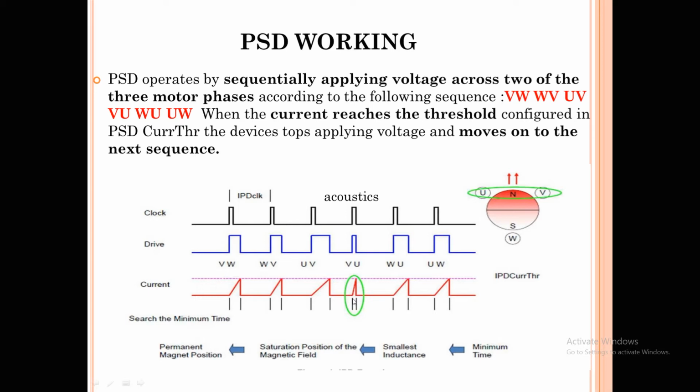If you are sending high frequency voltages to the motor and the motor saturation time is smaller for a particular phase, you must understand that that particular phase is very close to your north pole. If you energize that particular sequence of the motor, your motor will start perfectly.